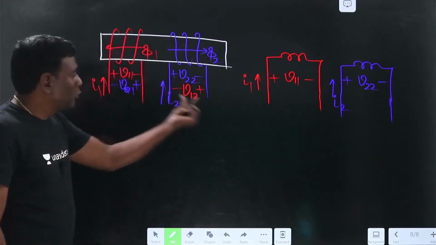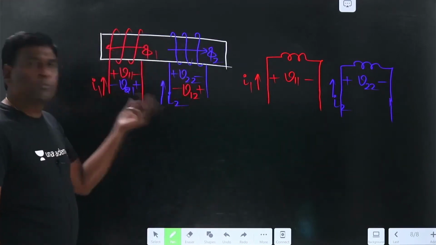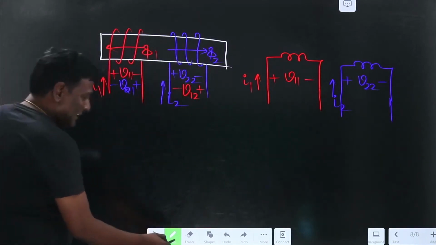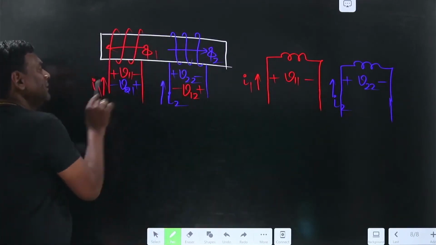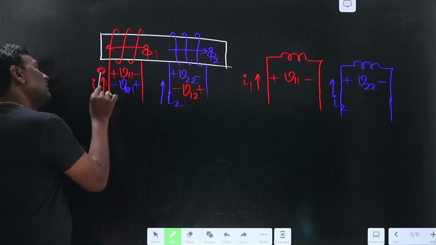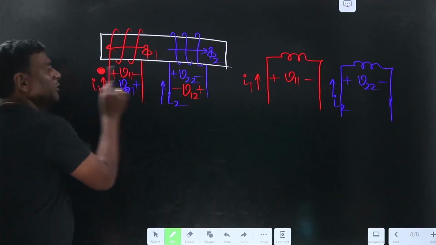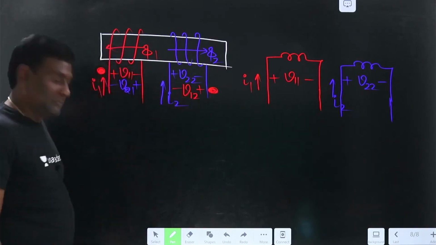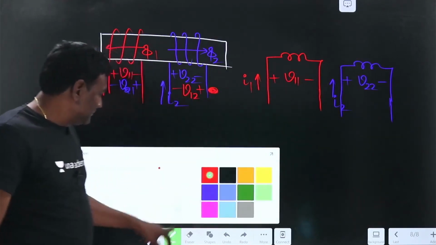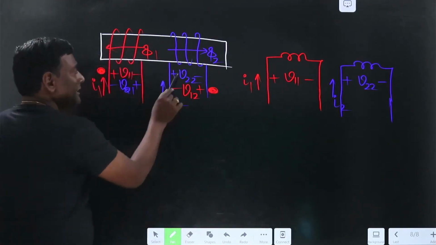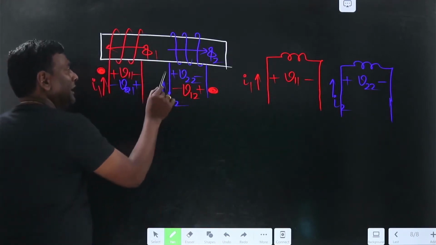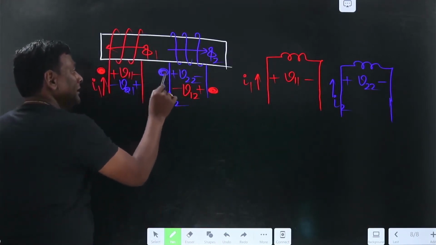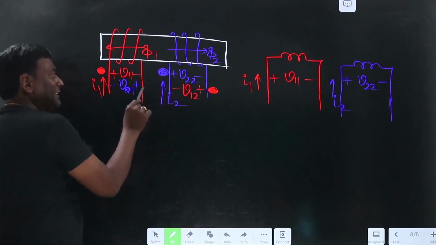Now how to keep dots? Only self to mutual, red we can consider, or blue we can consider. So if I take red here, whenever this is dot, mutual this is going to be dot, can be considered. Or in another way, self to mutual, you can keep the dot here such that this is self positive and this is mutual positive.